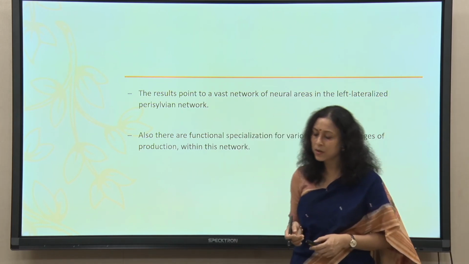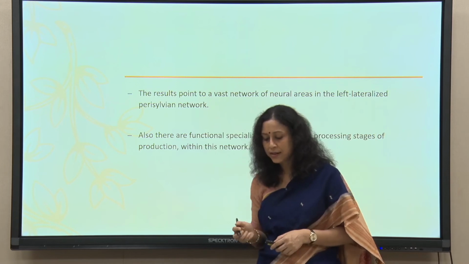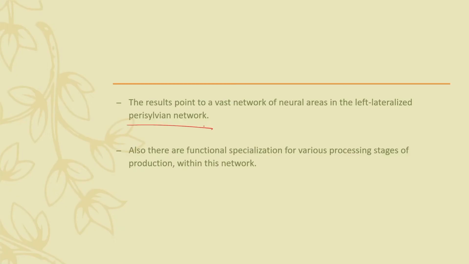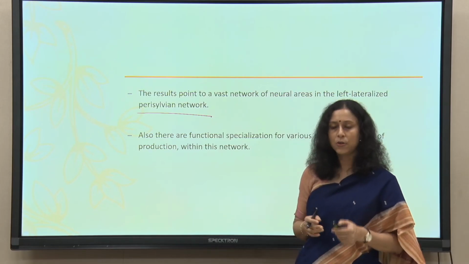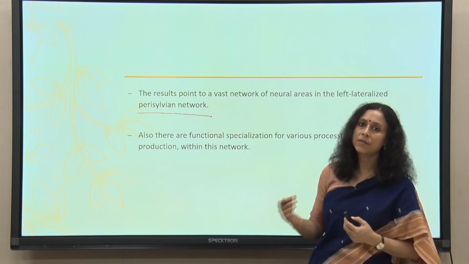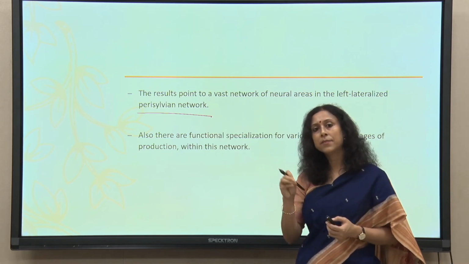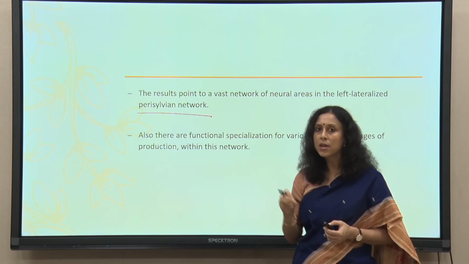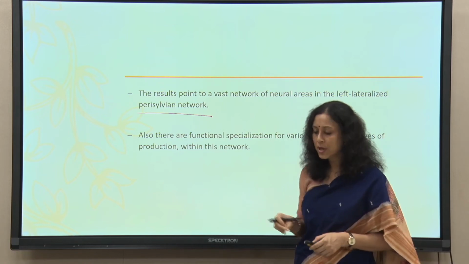All these various types of studies have pointed to a huge vast network of neural areas in the left lateralized perisylvian network. Also, there are functional specializations for various processing stages of production within this network. So, there is a huge network of cortical regions responsible for this, however there are certain domains that are specialized for many of those functions.